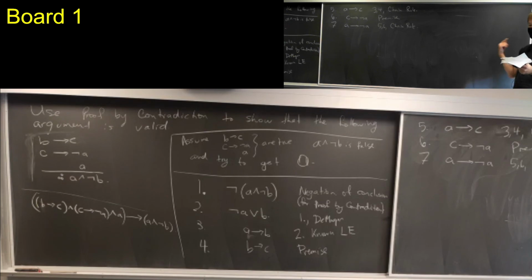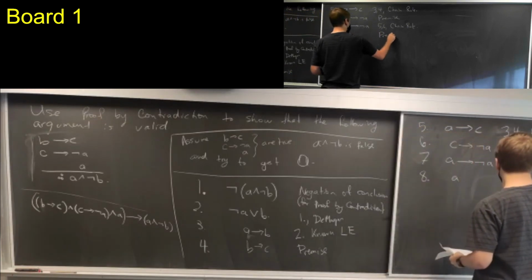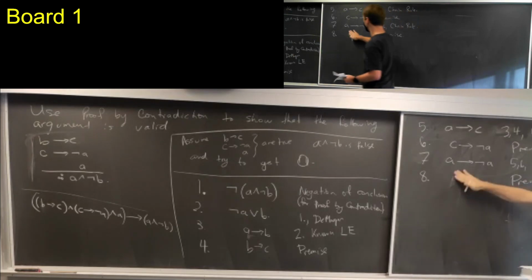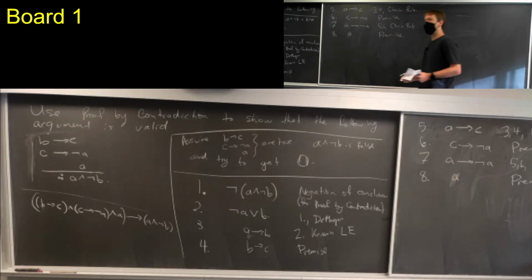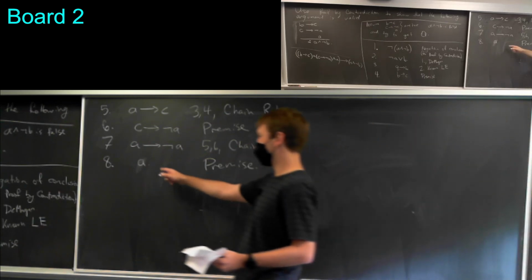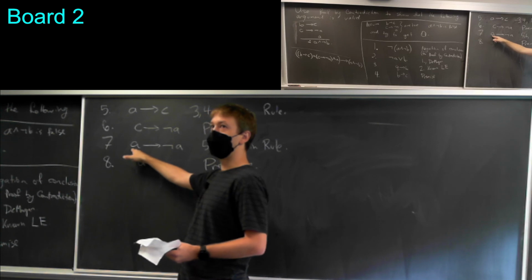And then my final nail in the coffin here is I've got A as a premise. I want to put these two things together. What's the rule I can use to do that? I'm not sure if my question makes sense, but here I've got an implication, and here I've got the first part of the implication being true.